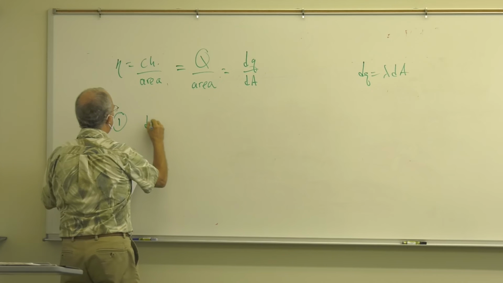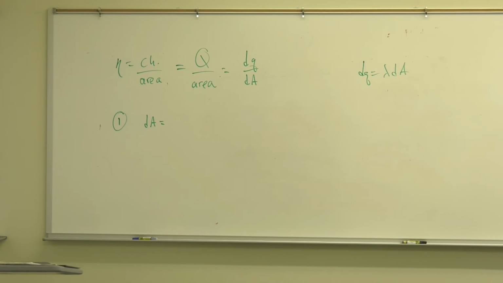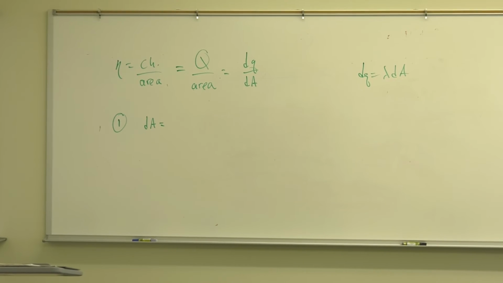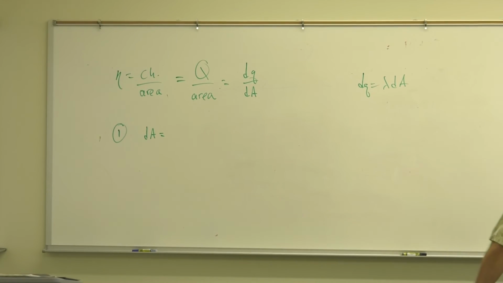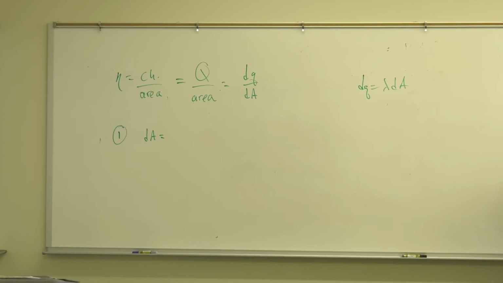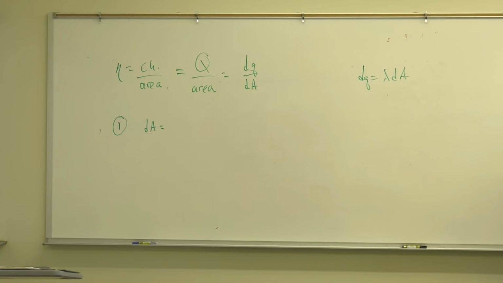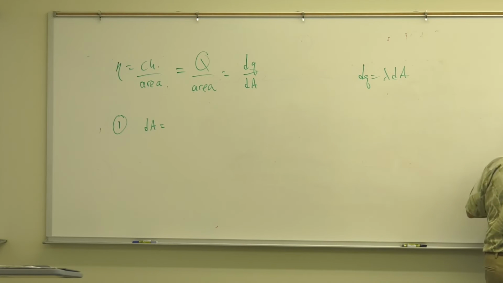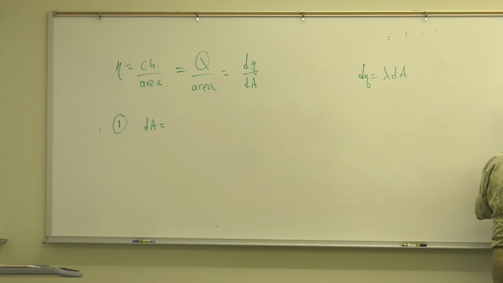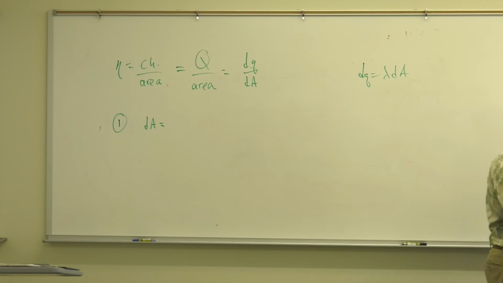Okay, so what is dA? It's the area of the wire. So in other words, what's the area of this? Now remember, it's supposed to be infinitely small, but anyway. 2 pi r times, so that's this, times what? What's the area of a rectangle?